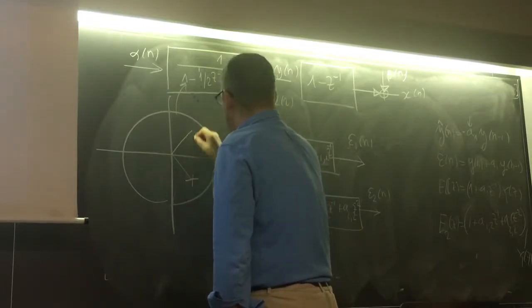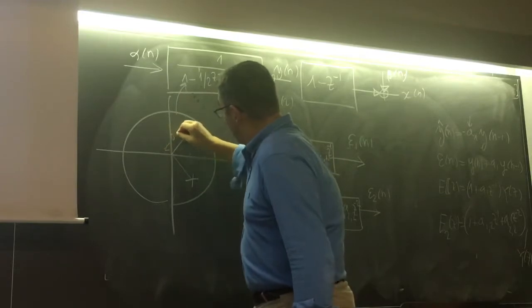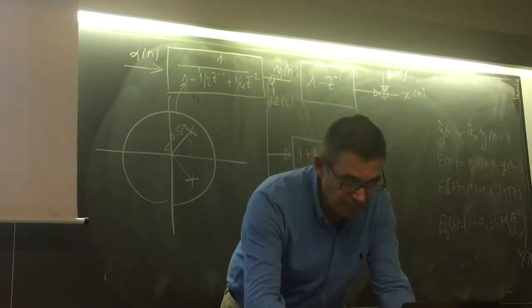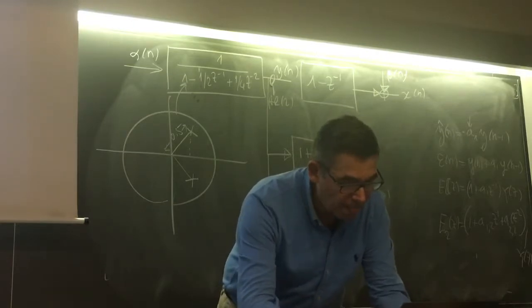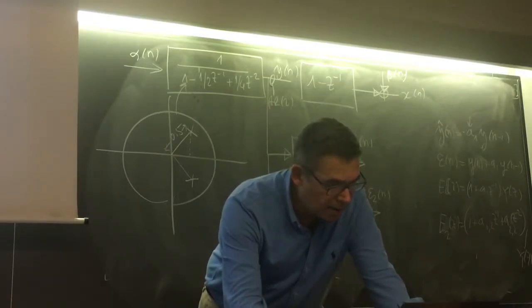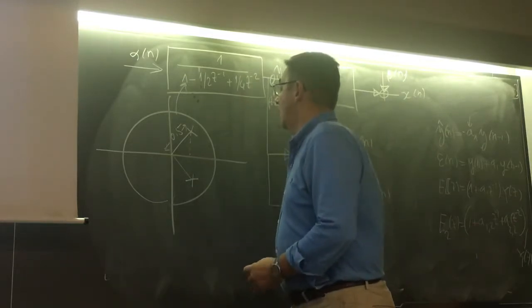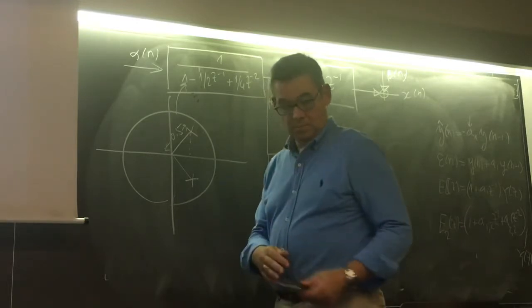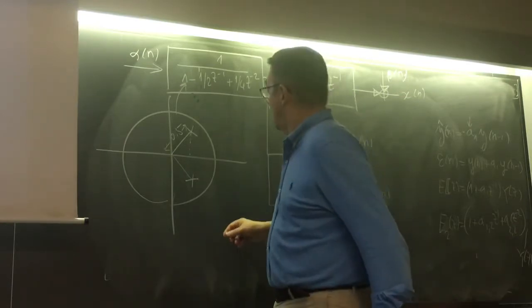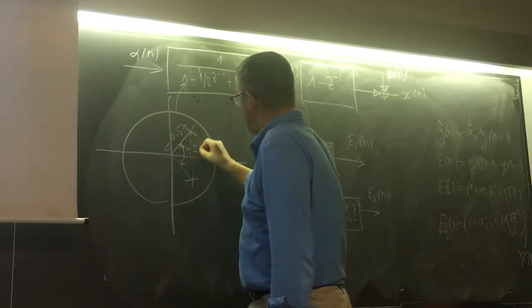So now they are here and there, with this radius. And the angle is approximately plus or minus 1 in radians.